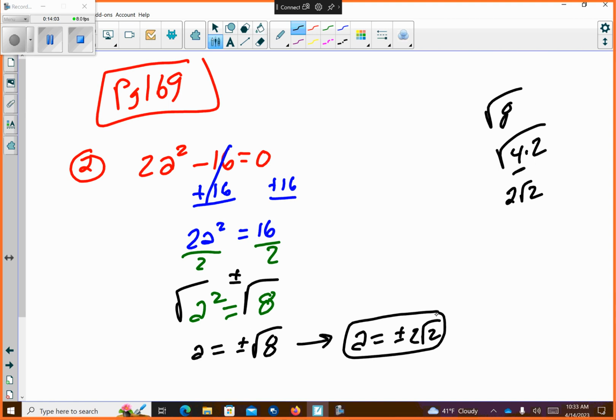Friends, if you feel comfortable with what you've written on your board, why don't you write that down for number 2 in your booklet? Please.